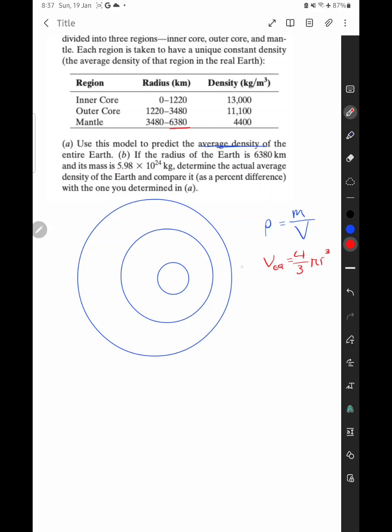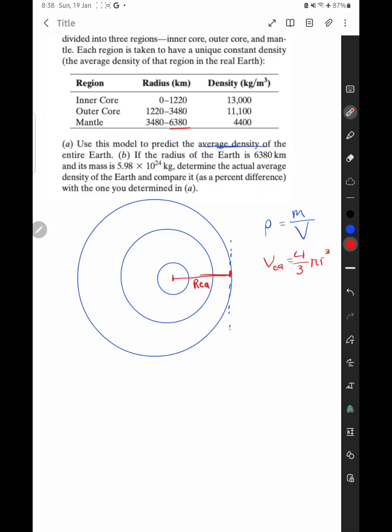Because this is the outside edge of our model of the Earth, right? This distance from the center of the Earth to the edge is the REQ.